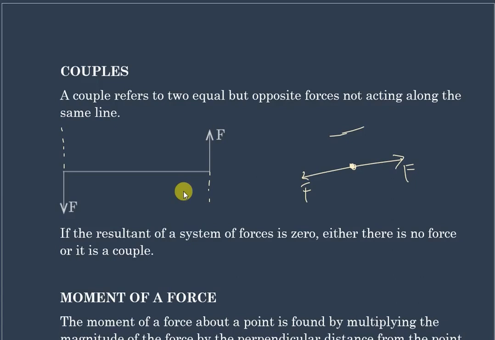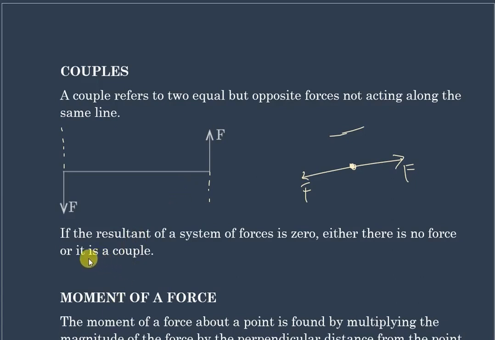An example of a couple can be exhibited when you are on the steering wheel. The forces your hands apply on the wheel constitute a couple. So they create a rotating effect.